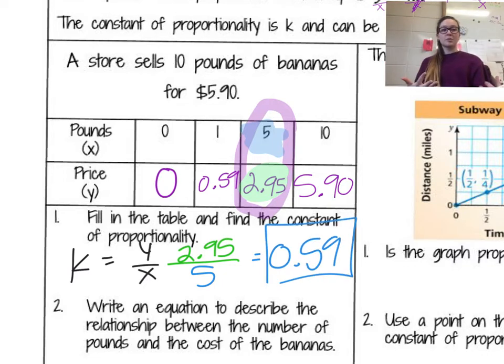That's my constant of proportionality. That is saying this is the relationship between these two things by multiplication, or the unit rate, okay?